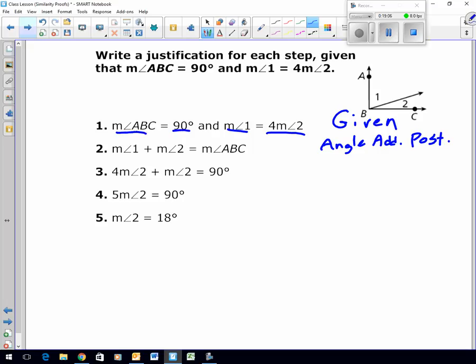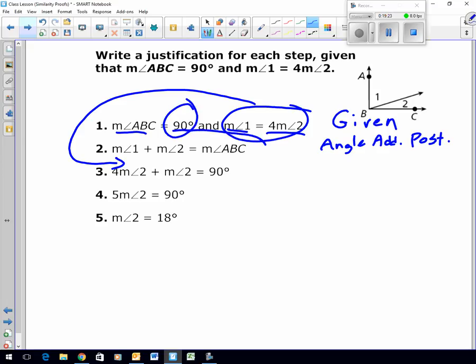Angle ABC is also known as what? 90, right? We call this principle substitution. If I substitute 4 times the measure of angle 2, and I substitute 90 for the measure of angle ABC, that's what I end up with, that particular equation. So the justification here is substitution.